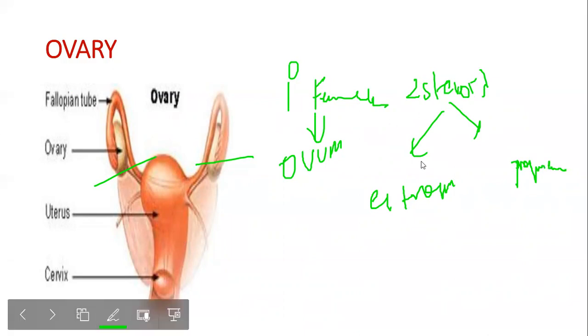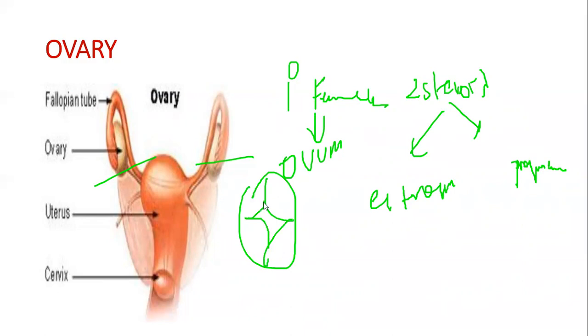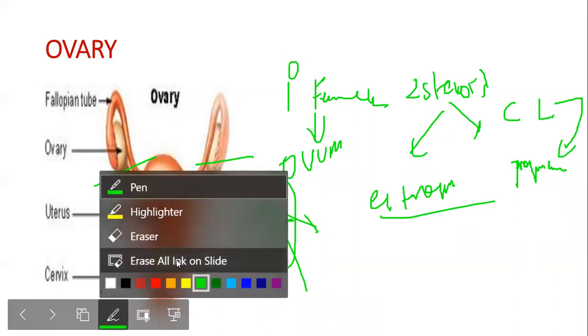Basically, the ovary has ovarian follicles. Ovarian follicles produce estrogen, and when an ovarian follicle ruptures, the ruptured part is called the corpus luteum, which secretes progesterone. Let me explain again.